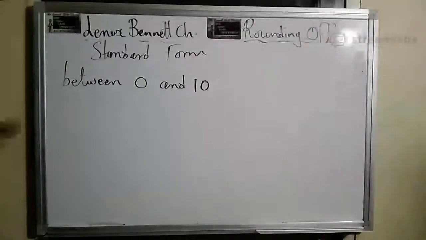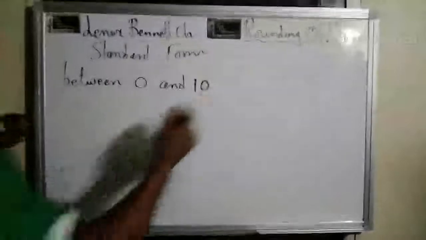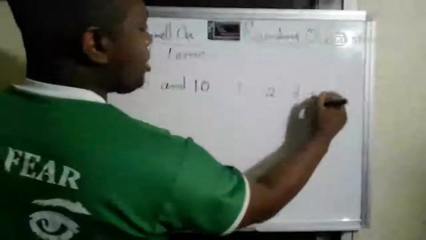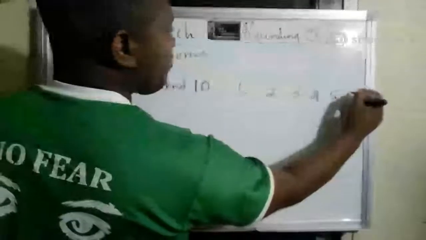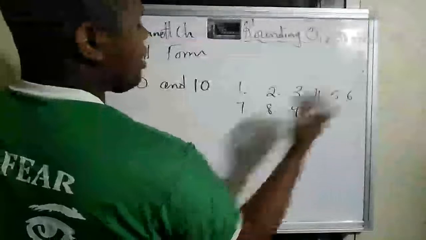So it must be between 0 and 10. That means it must be either 1 point something, 2 point something, 3 point something, 4, 5, 6, 7, 8, 9. Once it's standard form, it'll come down to something like this.